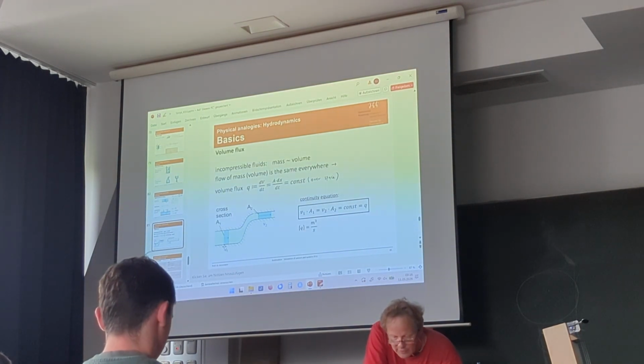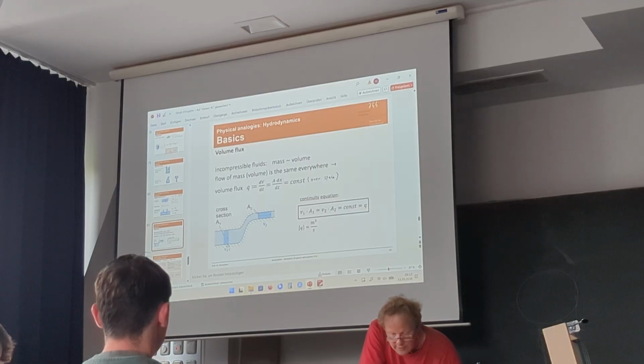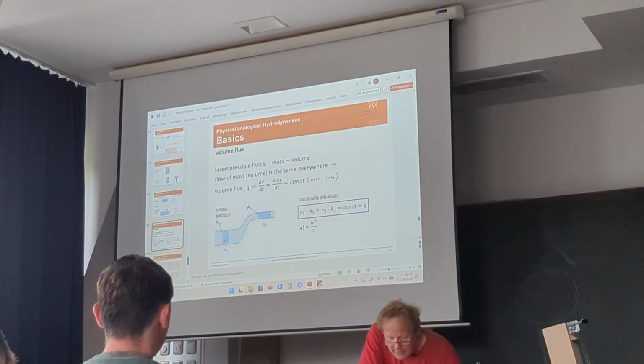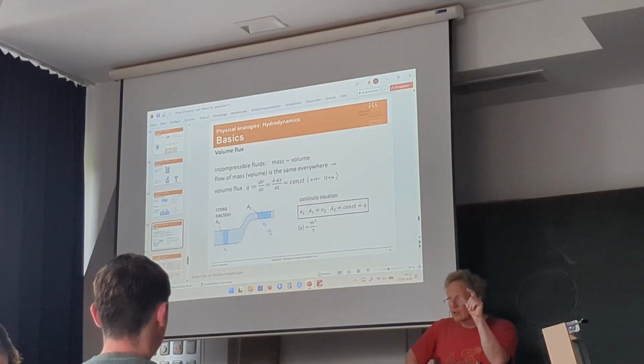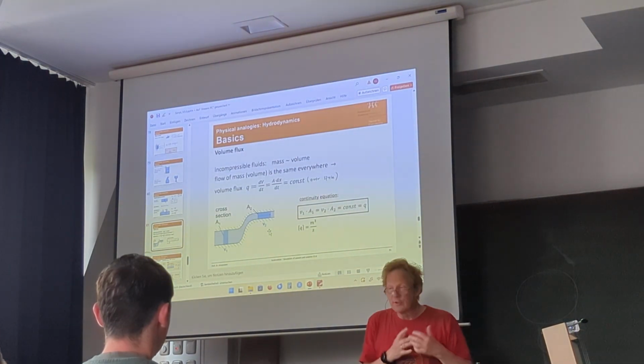For example, if we have here a larger pipe with a cross section A1, and we move the water here with a certain velocity, then in a certain time we move a certain volume. And then here we have a smaller pipe connected, that means a smaller A2. To compensate for a smaller cross section, we need a higher velocity of the water in that part, because we transport the same volume.